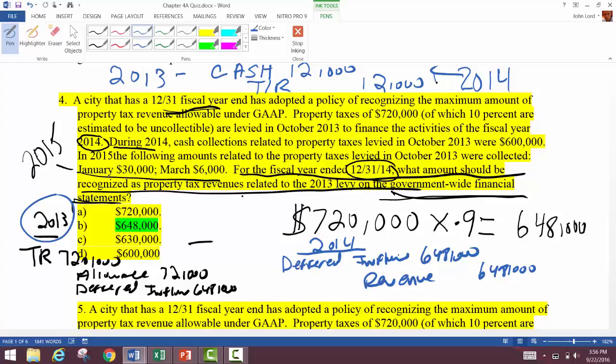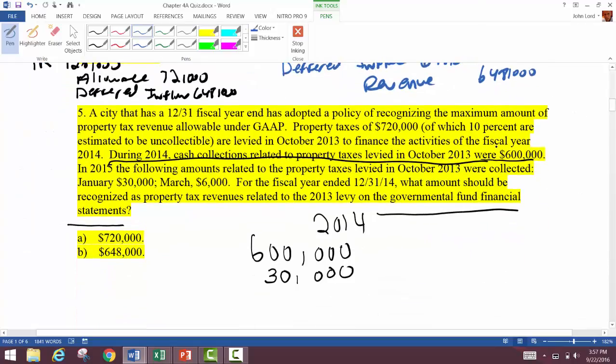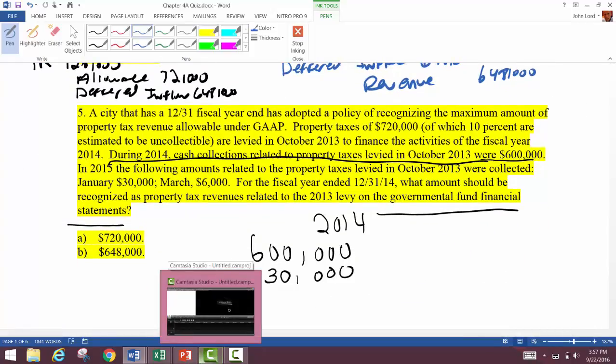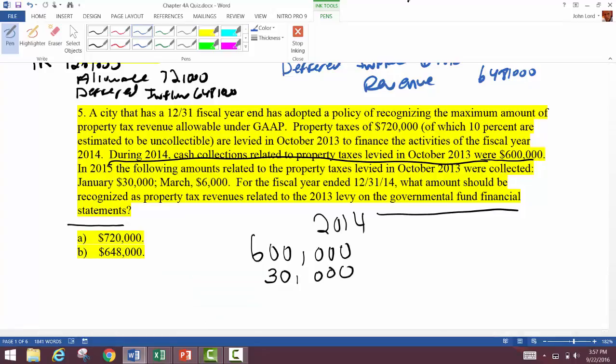Okay. So let's take a look now at this next question, number 5. We say a city, and it's the same fact pattern, 12/31 fiscal year end, adopted a policy of recognizing the maximum amount of real property tax allowable by GAAP, and property taxes of 720,000, 10% is not estimated to be uncollectible, are levied in October 2013 to finance the activities of the fiscal year 2014.